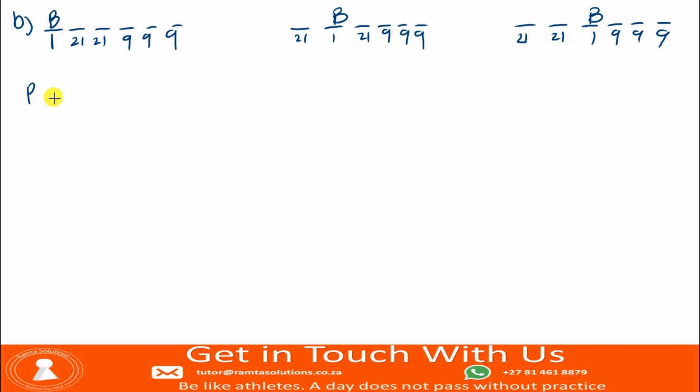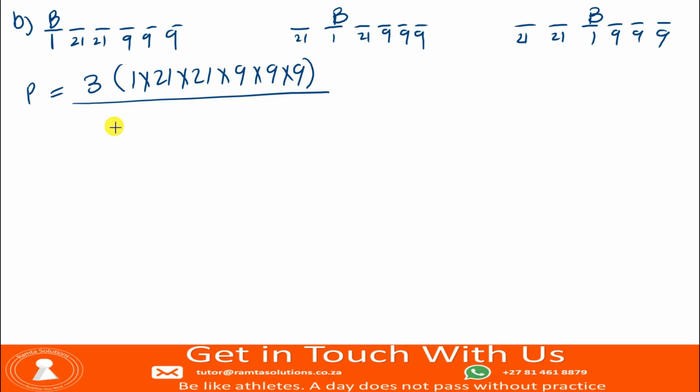So I'm basically repeating this thing 3 times. You can write it like this, or you can open a bracket, it's fine. So the probability is 3 times 1 times 21 times 21 times 9 times 9 times 9 all over 21 times 21 times 21 times 9 times 9 times 9. All right, so let's see what we are getting.